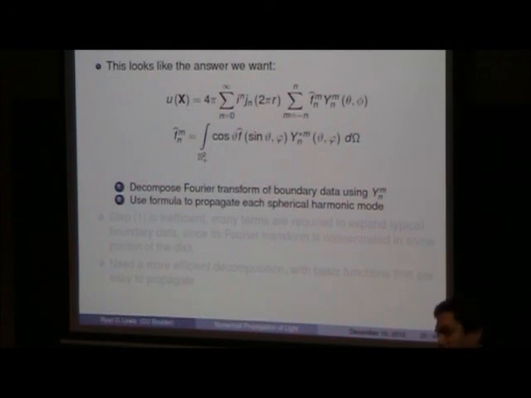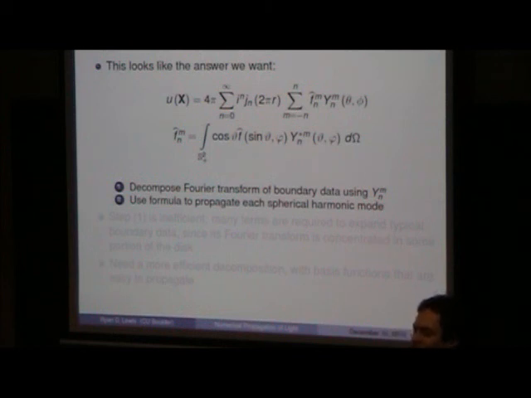And then once you have that matrix, you can apply it to different choices of boundary data over and over again. That is just a matrix vector multiply, which can be done for medium-sized problems quite rapidly. So if you want to do the same propagation problem, same distance, over and over again, that's pretty quick. You have to do some upfront computations, and then you can reuse them on different choices of boundary data.